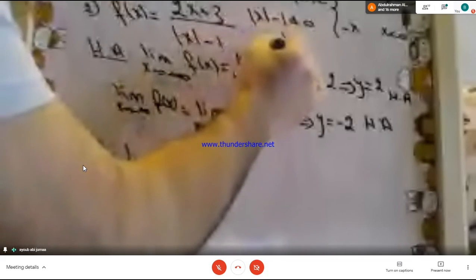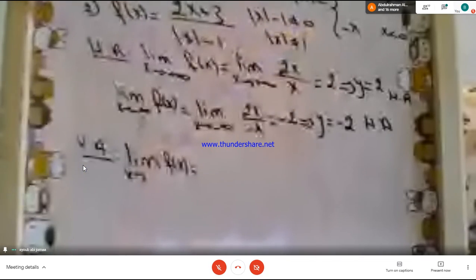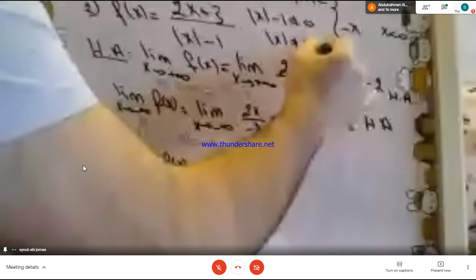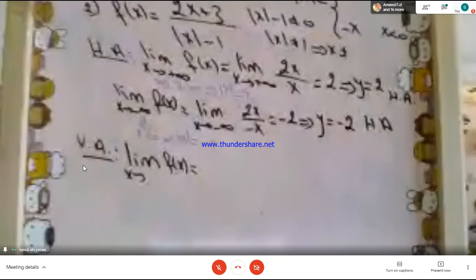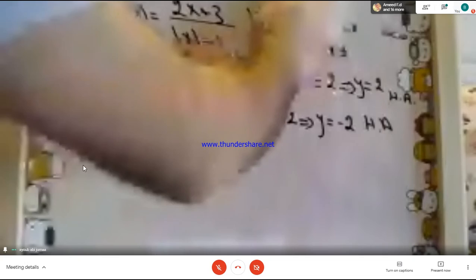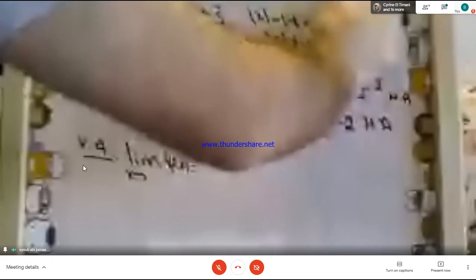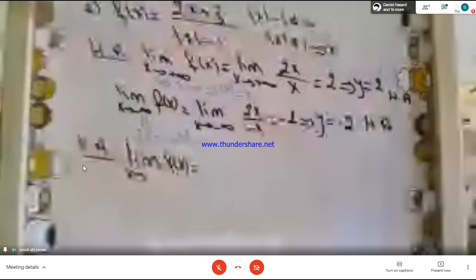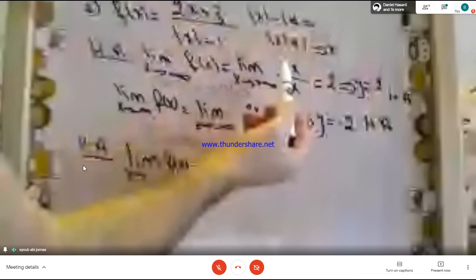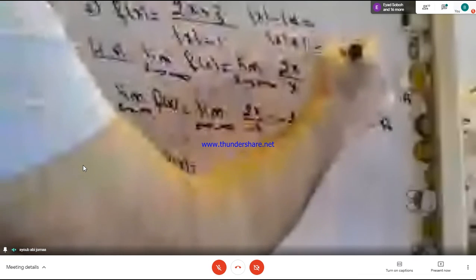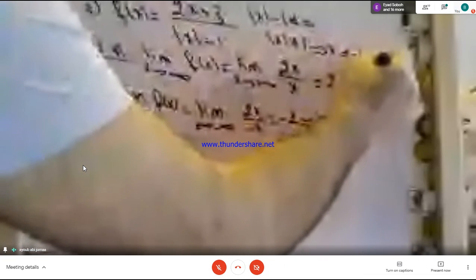Then absolute value of x not equal to 1. So x not equal to what? Minus 1 or plus 1. 1 and negative 1. Absolute value of x not equal to 1, it means that x not equal to negative 1 and x not equal to 1.